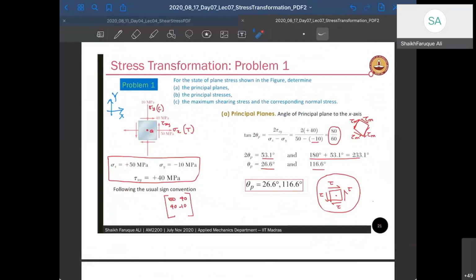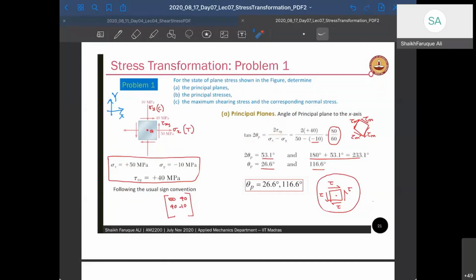So first, the principal plane. For principal plane, tan of 2 theta is 2 tau xy by sigma x minus sigma y, and this comes out to be 80 by 60. Now for this tan inverse, I will have two angles.